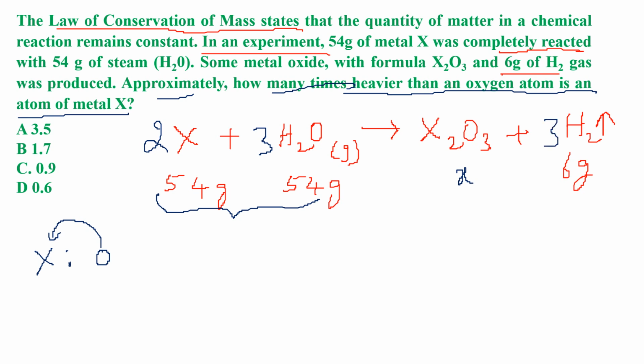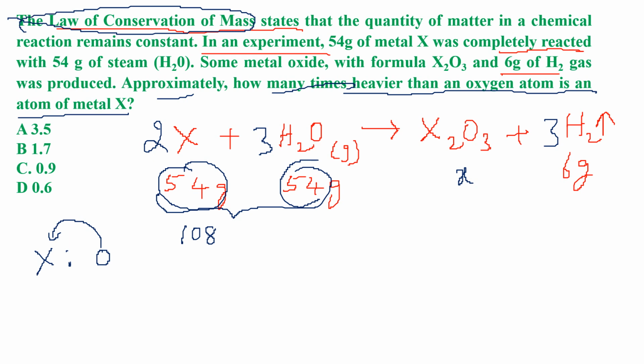Then the total mass is 108, because 54 plus 54, total 108. According to the law of conservation of mass, the mass of the reactants is equal to the mass of the products. So the mass of the products, X2O3 as well as hydrogen, must be 108 grams. It is equal to the reactants. Here already 6 grams of hydrogen is liberated.